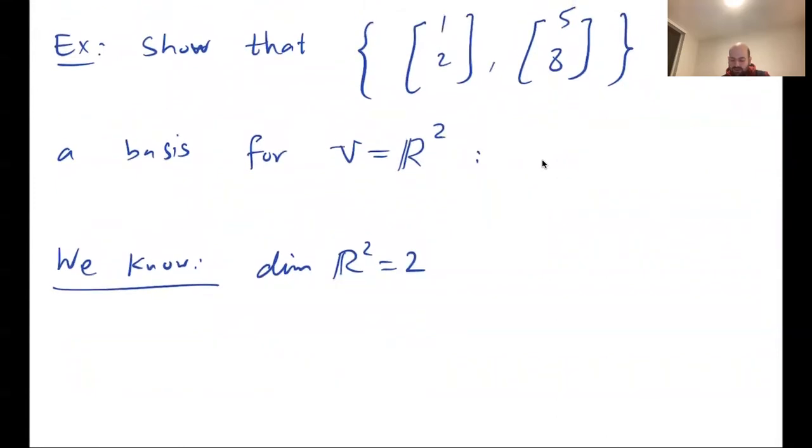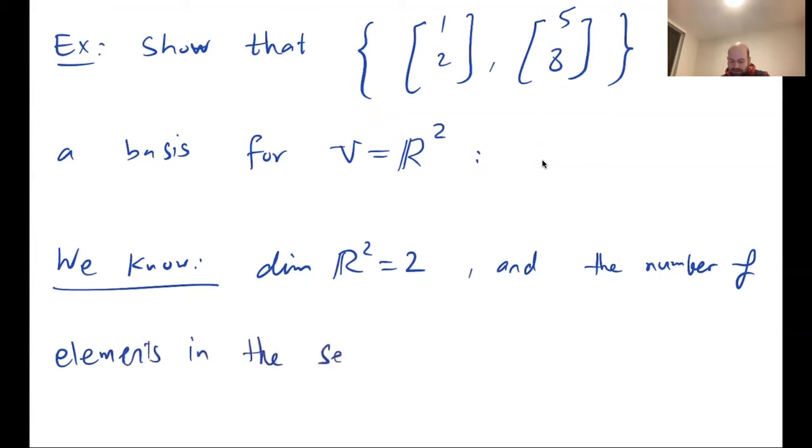So we know the dimension of R2 is 2, and the number of elements in the set above is also 2.